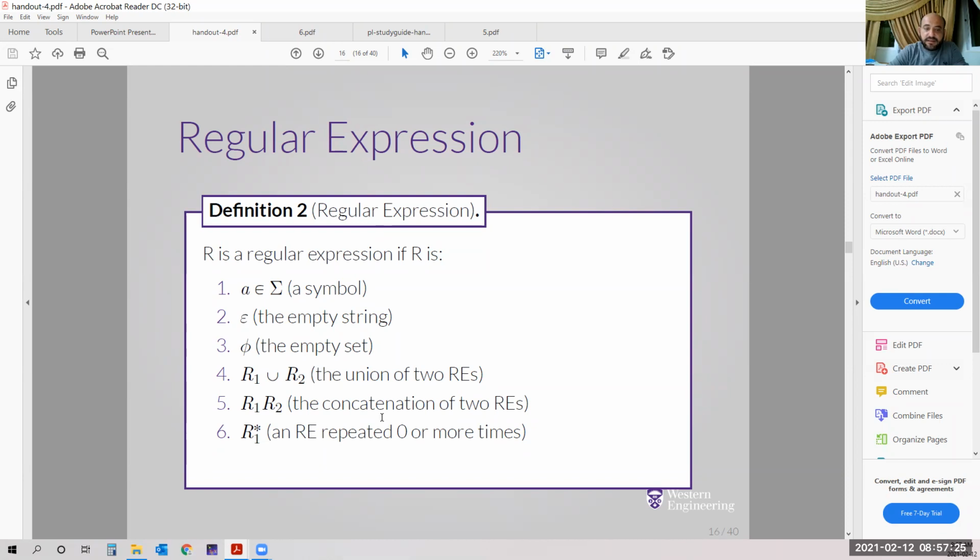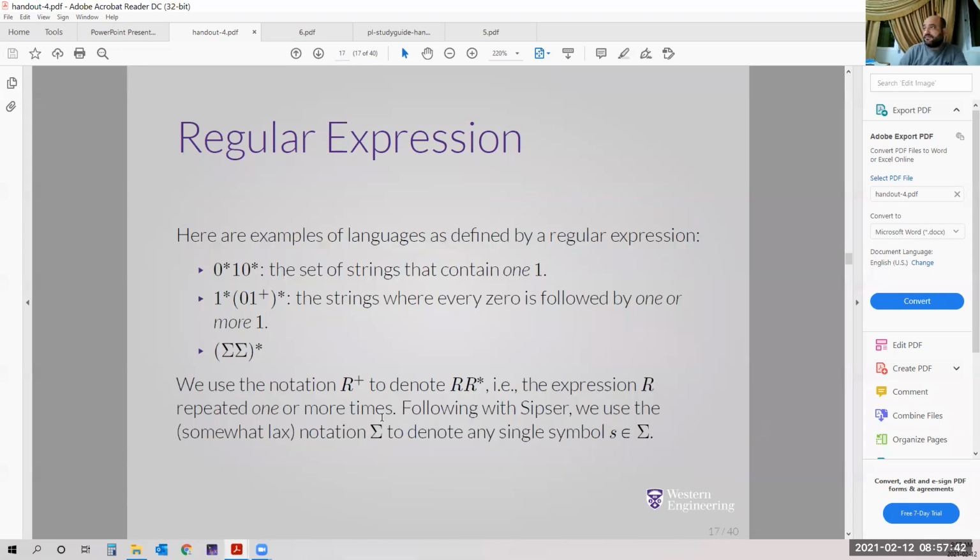You will see that in the class notes. Also R1 star is a regular expression, repeated 0 or more times. And I added a seventh one in the class notes, we will see it.